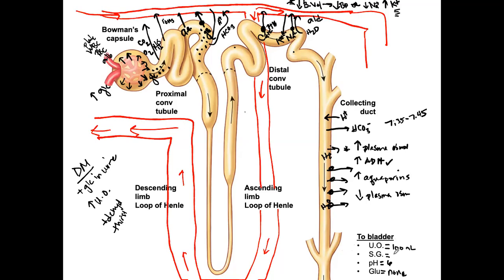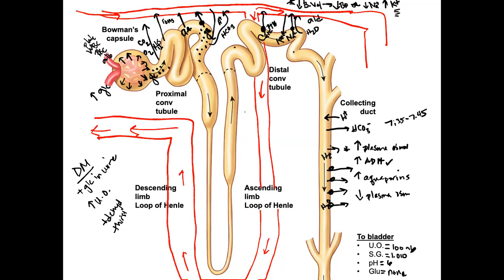And if your urine concentration is high, your specific gravity is high. So if you're really hydrated, your particle concentration in the urine is going to be low because you have more water. And so specific gravity is going to be low. Specific gravity is usually around, let's say normal is 1.010, a really weird number.